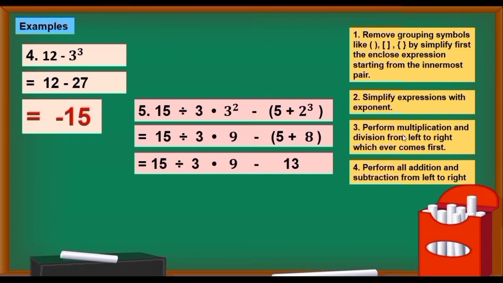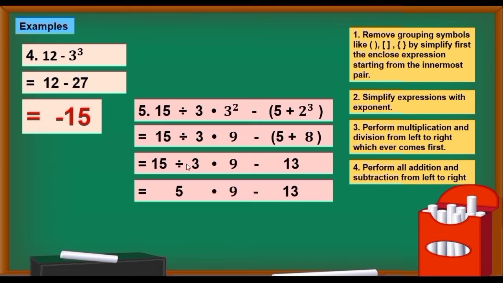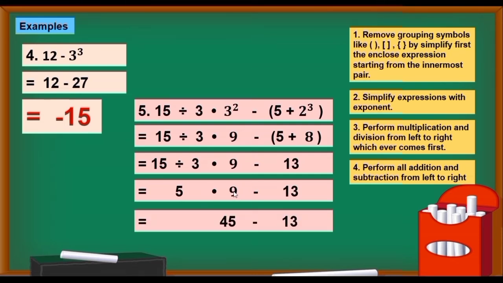So, since ang nauna po dito ay division, so unahin natin yung division. So, 15 divided by 3 is 5. Then, times 9 minus 13. And then, we have to perform the multiplication. So, 5 times 9 is 45 minus 13.